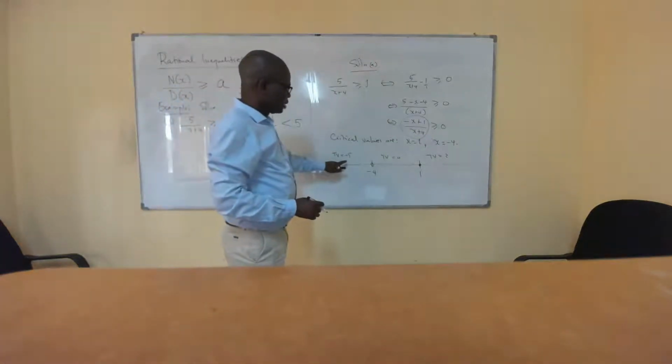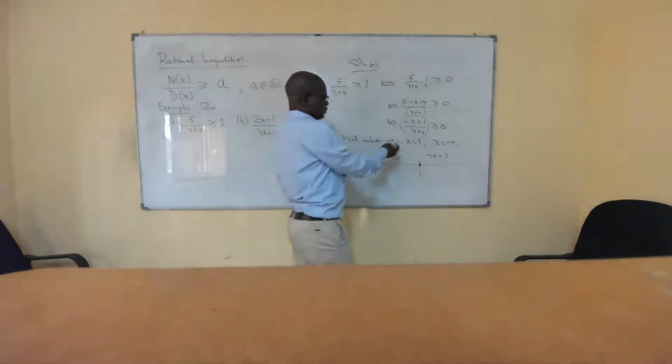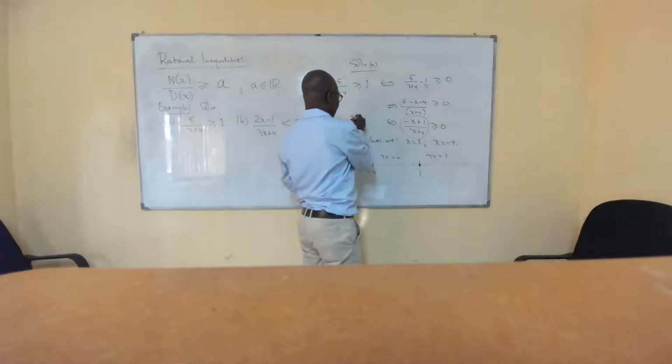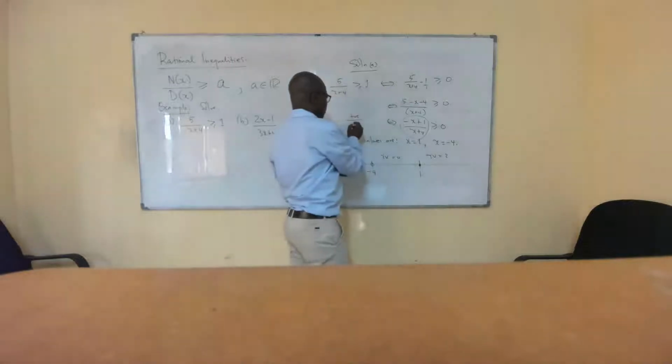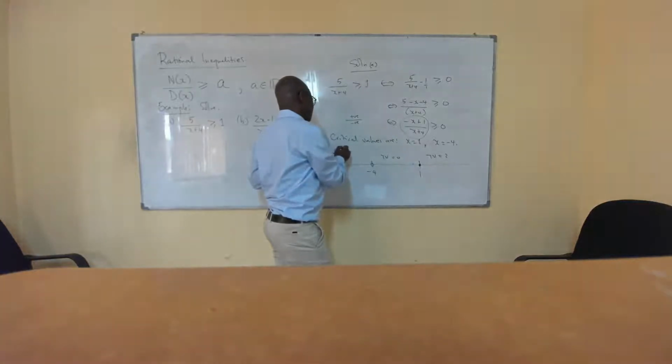So let me check. When I take minus 5, the numerator will be a positive number over minus 5 plus 4, a negative number. So the quotient is less than 0.